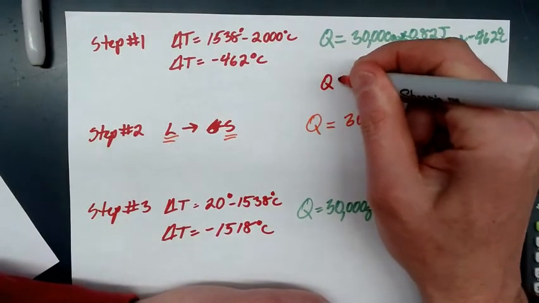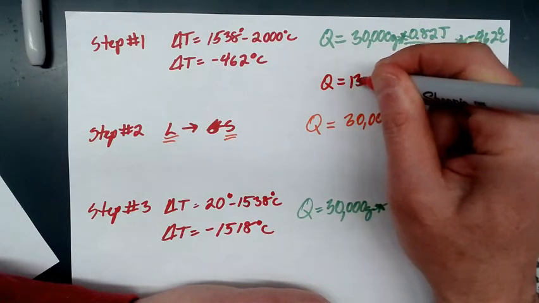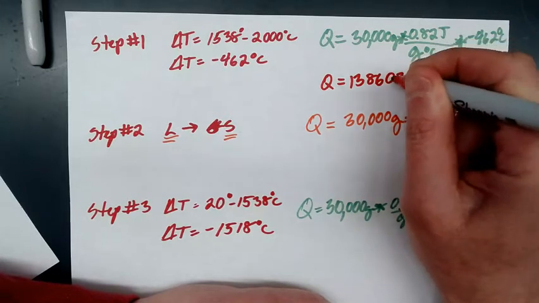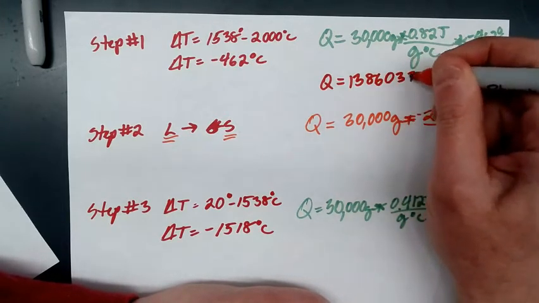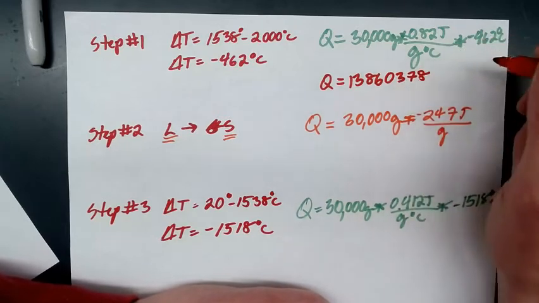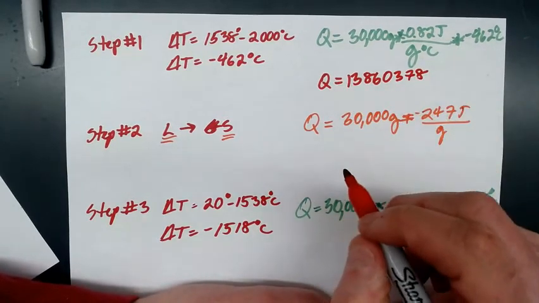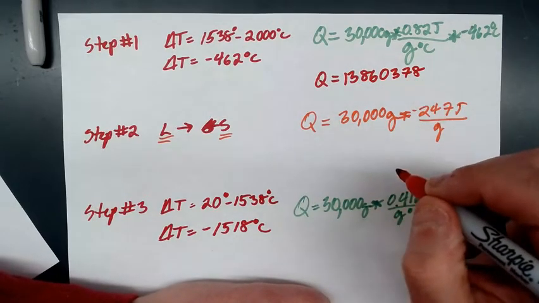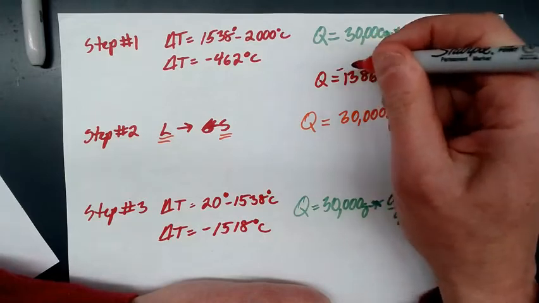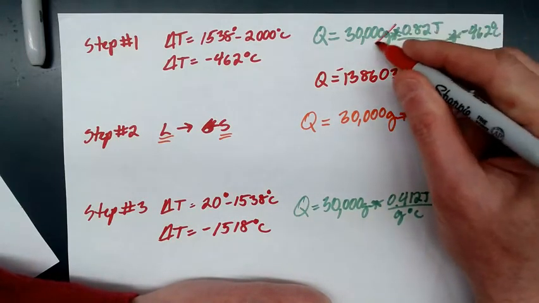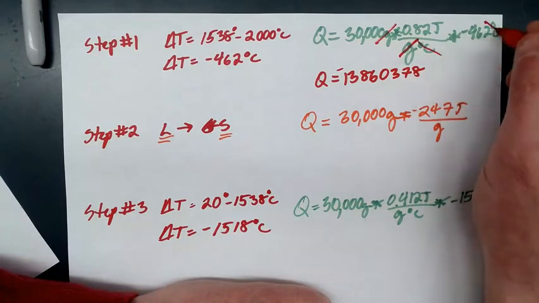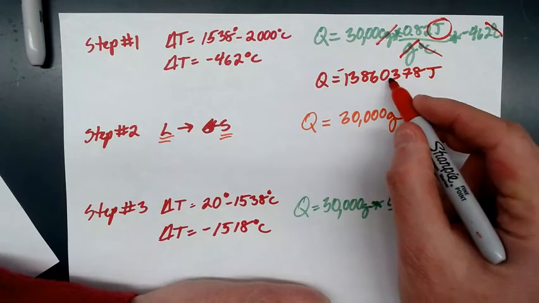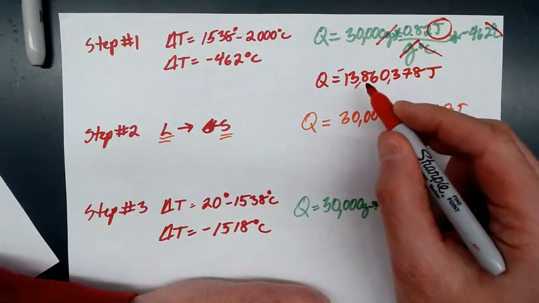So our Q ends up being 13,860,378.84. Way too many numbers. I'm not going to keep all of them, so I'm definitely not going to put a decimal in there. And this is going to be a removal of energy. My grams cancel out, my degrees Celsius cancel out, and I'm left with joules.